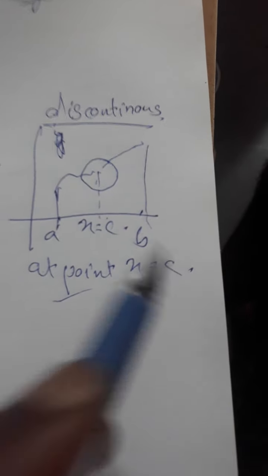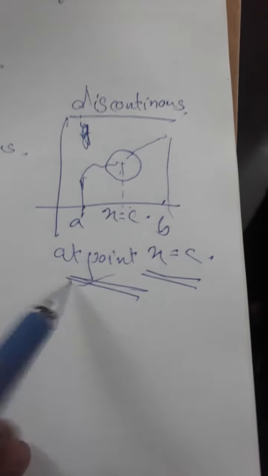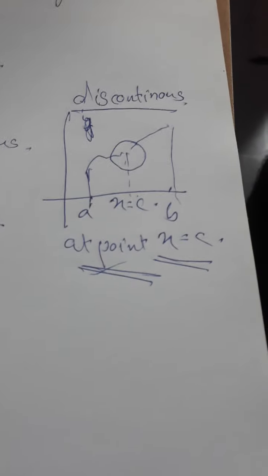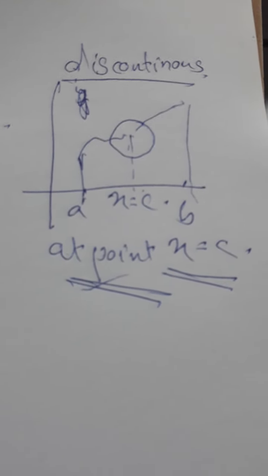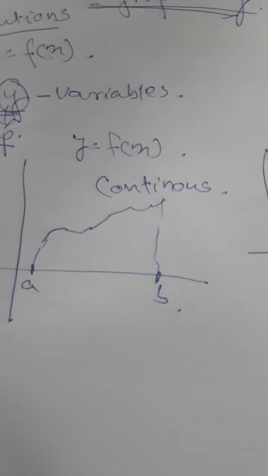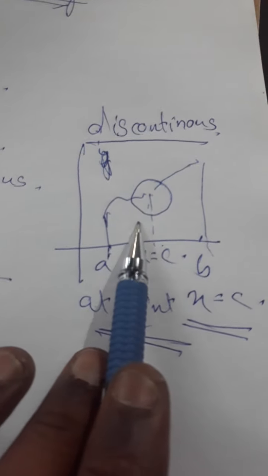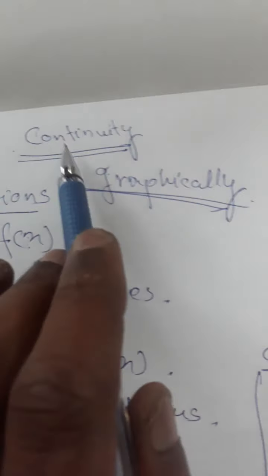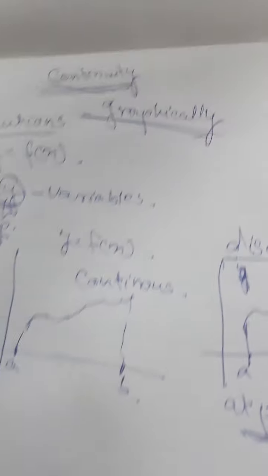We say that the function happens to be discontinuous at the point x is equals to c. Now this happens to be the graphical representation of the continuity of a function.